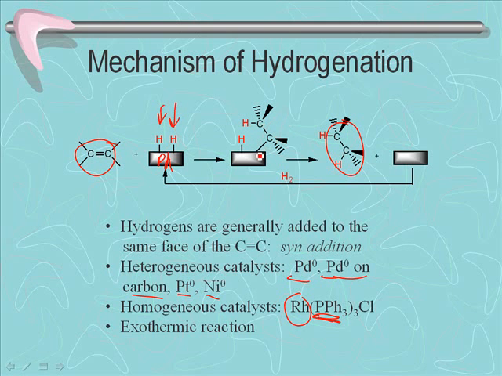The remaining carbon atom remains attached to the surface of the palladium metal. In the final step now, the hydrogen associates itself with the palladium-bound carbon, leading to overall syn addition of hydrogen across the carbon-carbon double bond and regeneration of our palladium catalyst. So this is a catalytic cycle. We only need trace amounts of palladium for this entire reaction to occur.